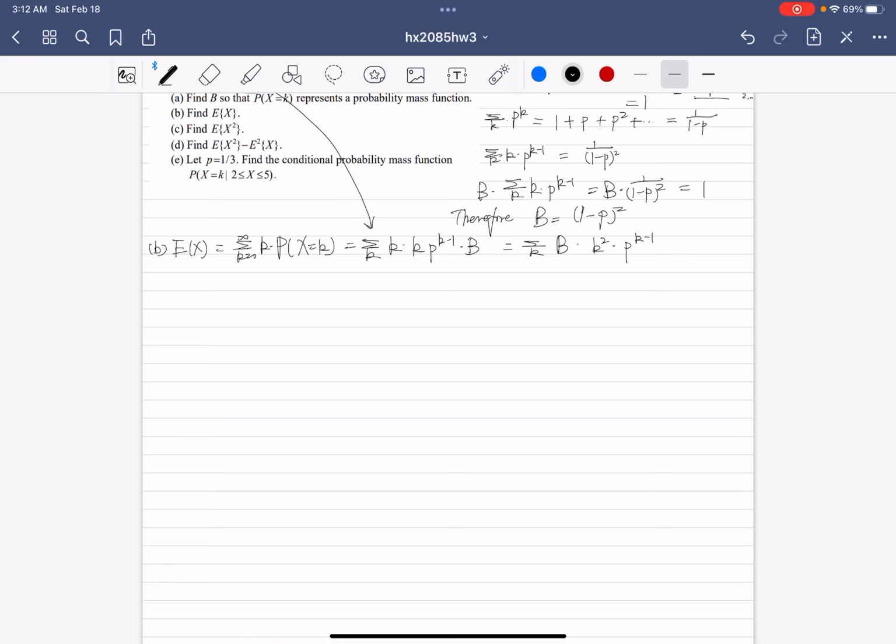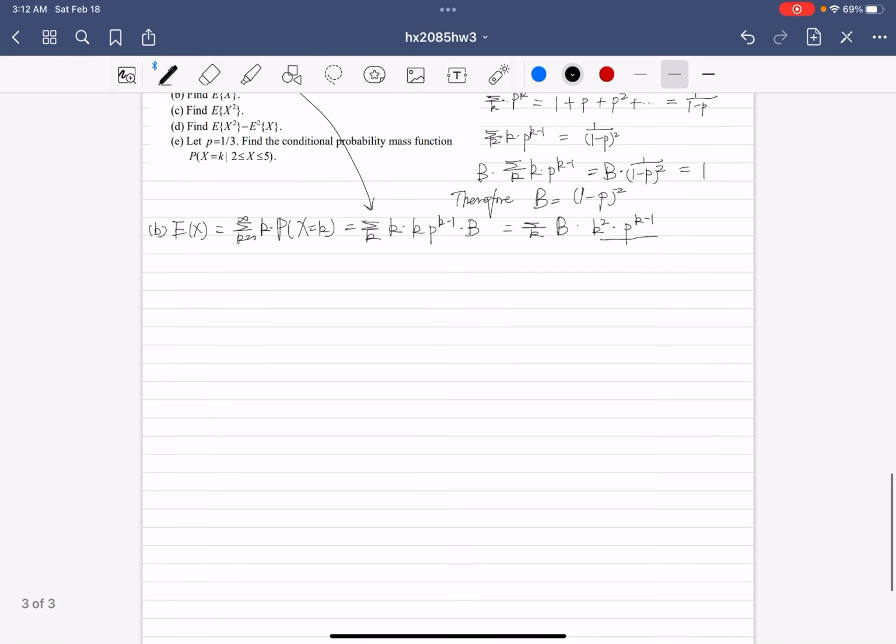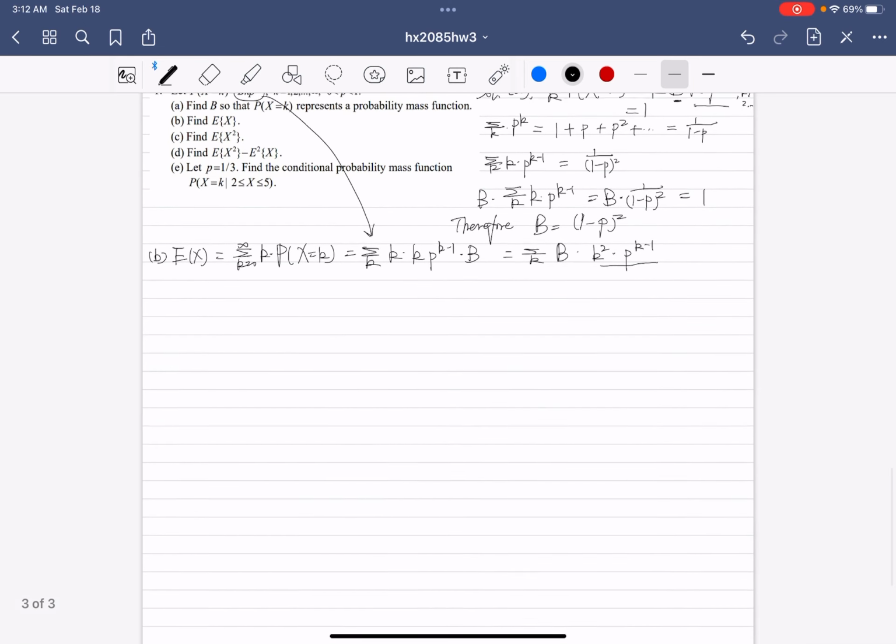So now we need to calculate the sum of k squared times p to k minus 1. And we need to calculate the sum of k times p to k minus 1.